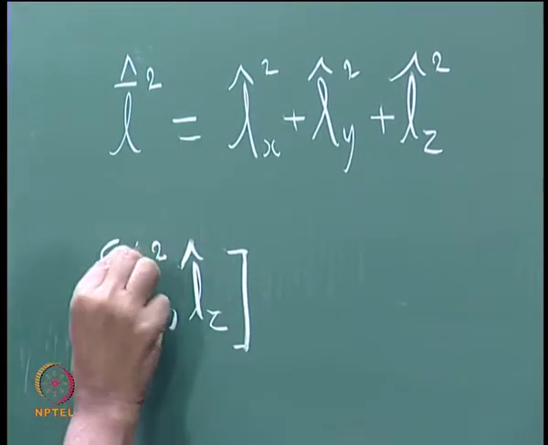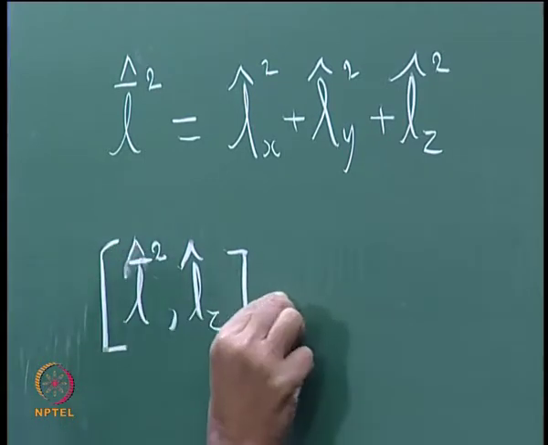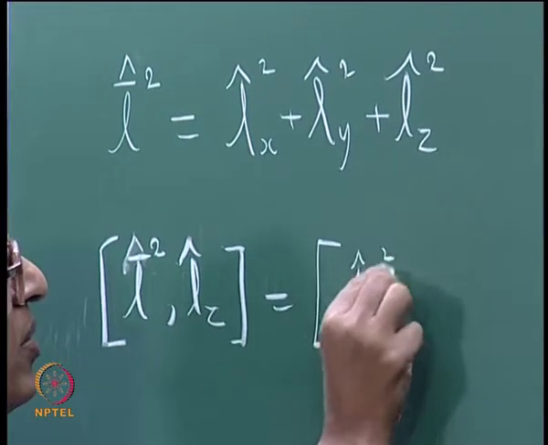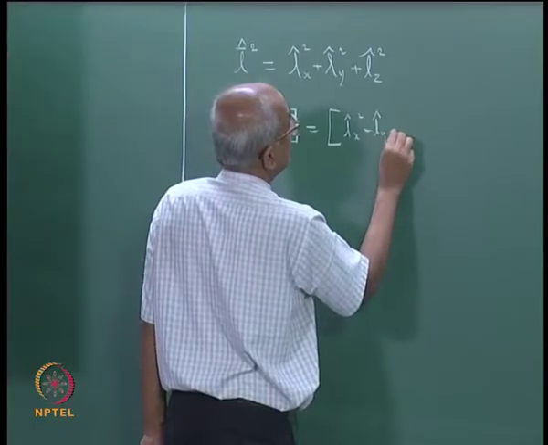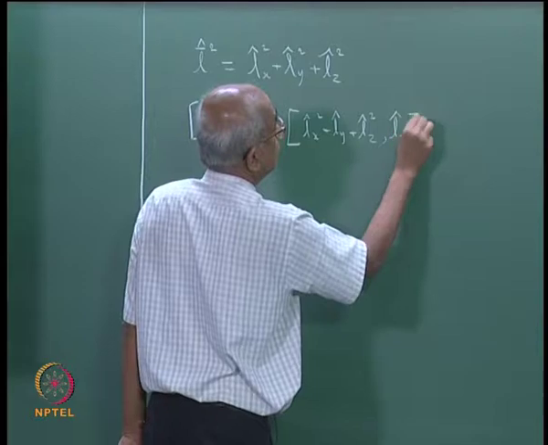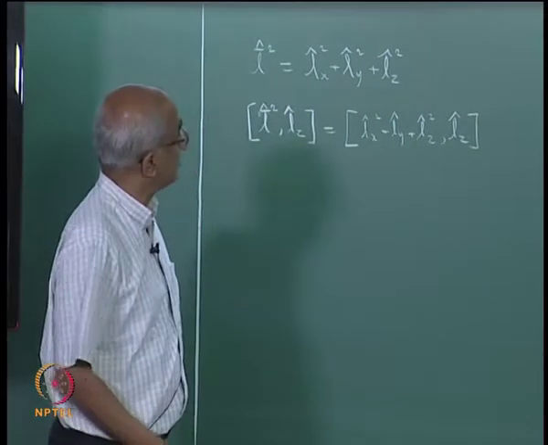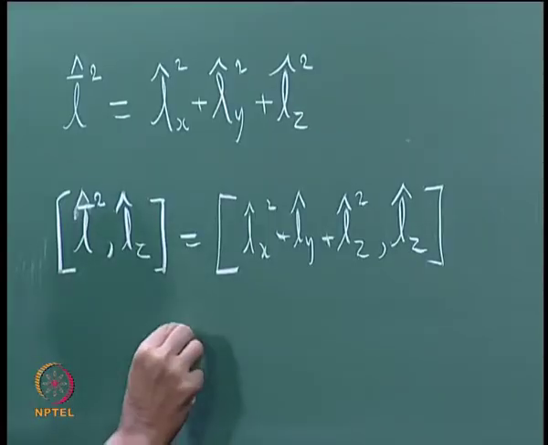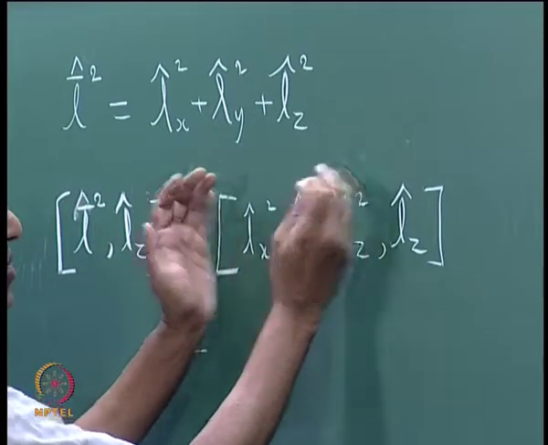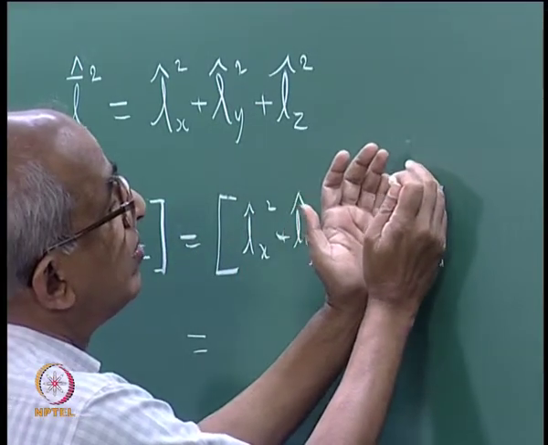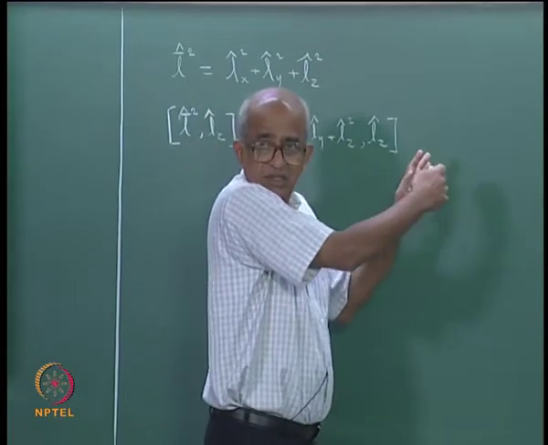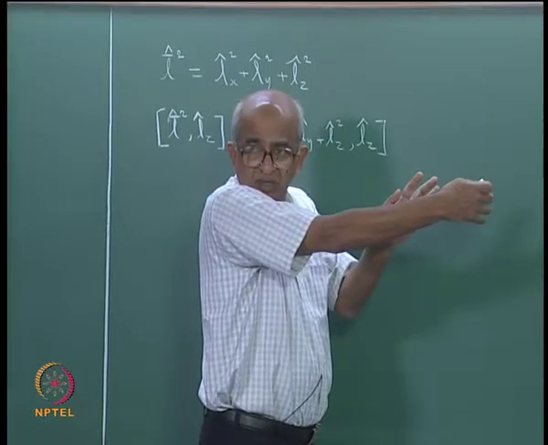What is going to happen is that you will have Lx square plus Ly square plus Lz square, followed by Lz, and then Lz followed by the whole thing, correct.